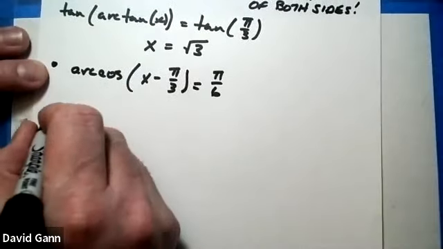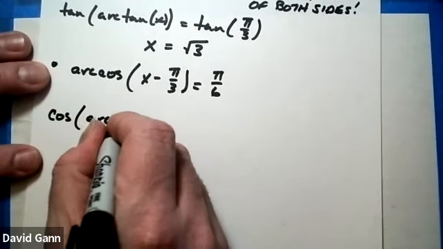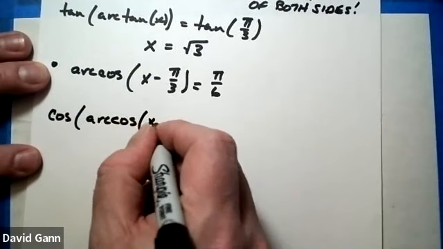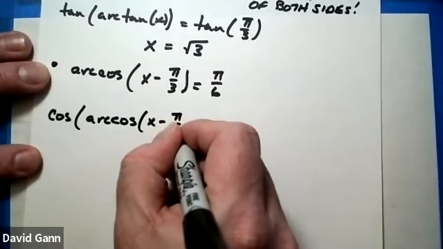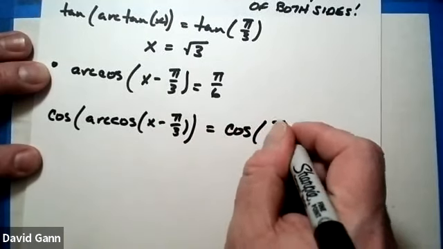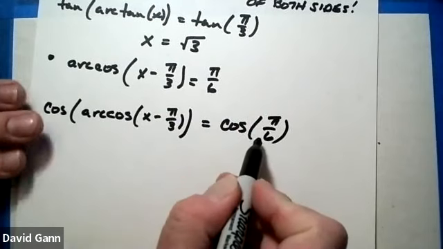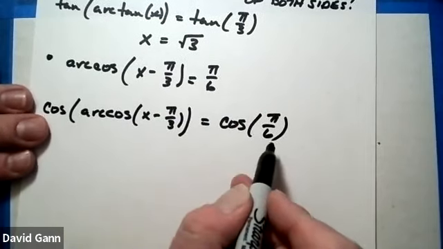So when we take the cosine of the arc cosine of this kind of weird difference, the other side will have cosine of pi over 6, well, we can evaluate that. That's going to be root 3 over 2.